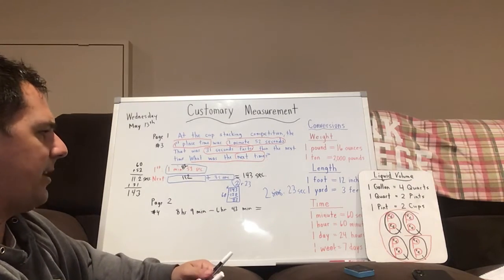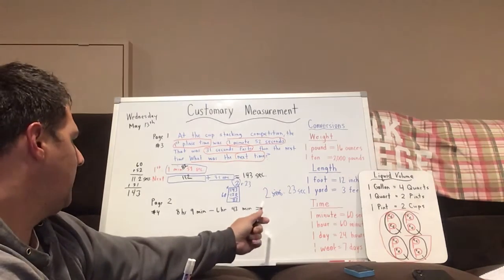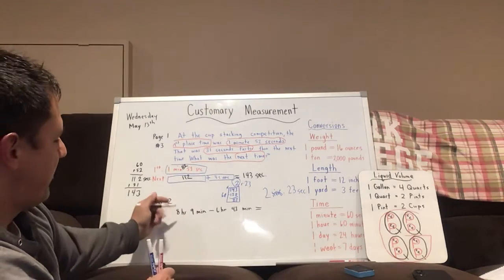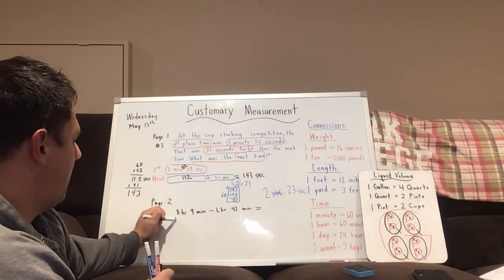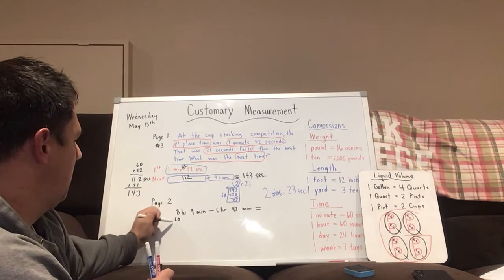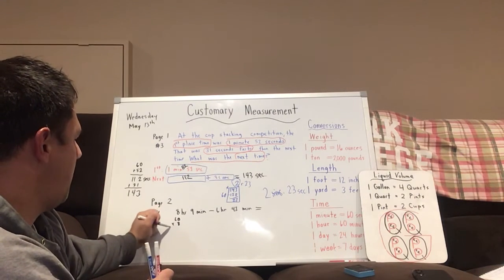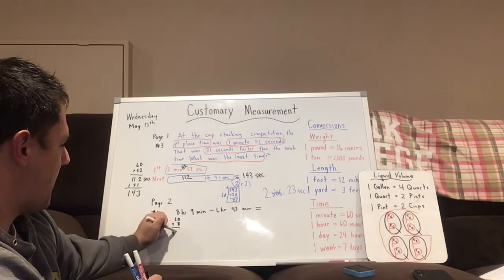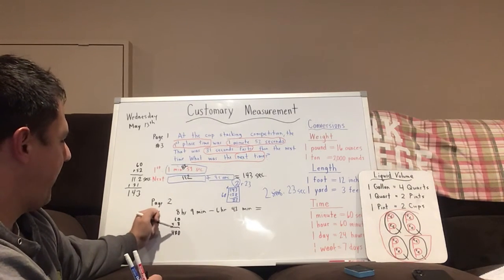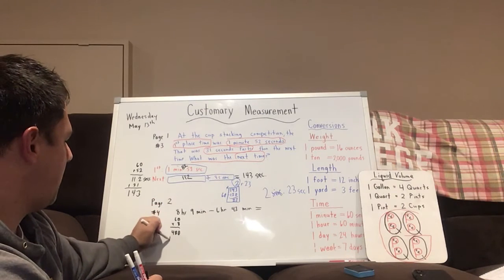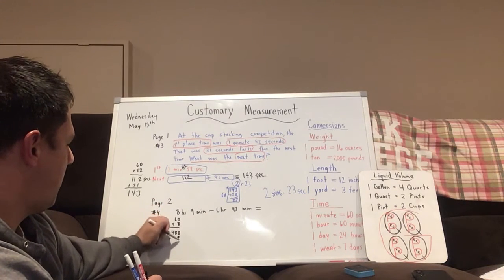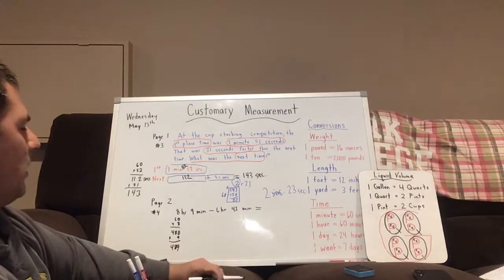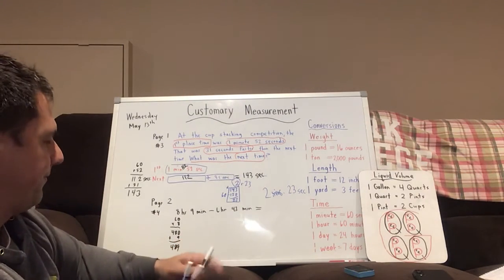We know 1 hour is 60 minutes, so I can take the 8 hours and do 60 times 8. I can ignore the zero. 8 times 6 is 48. I add a 0 to get 480, and I'm going to add that 9. So our total is 489 minutes.